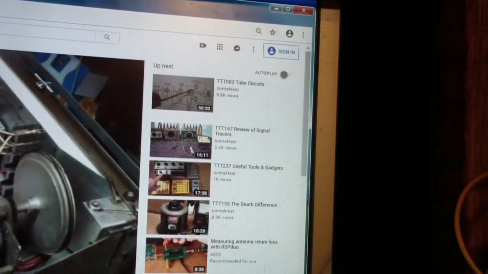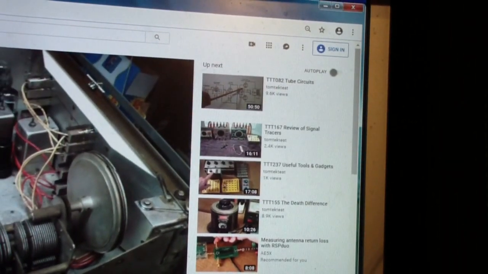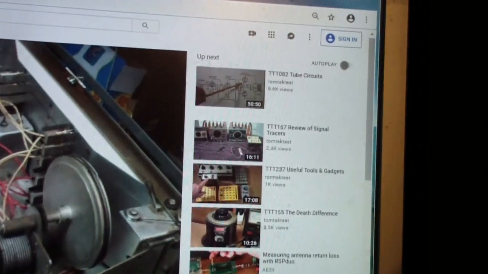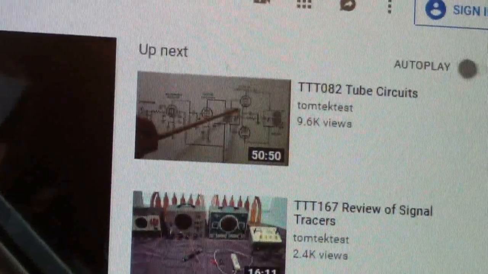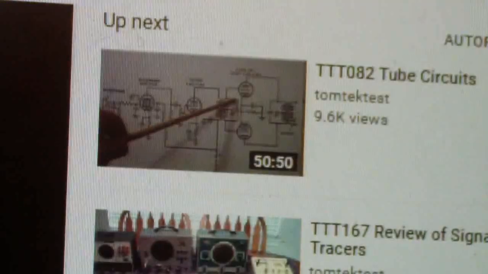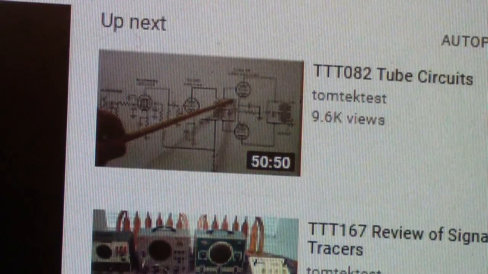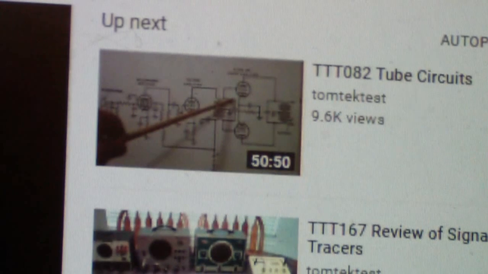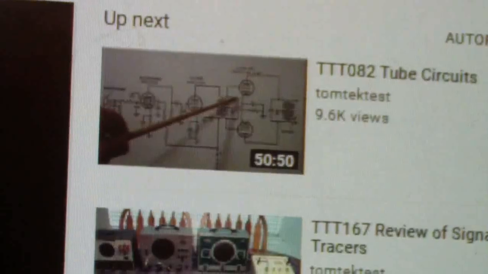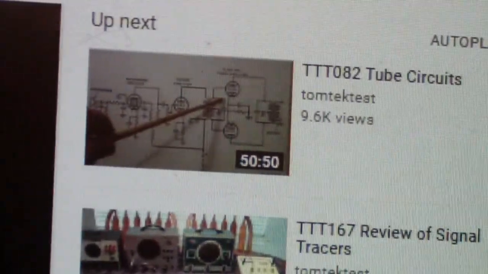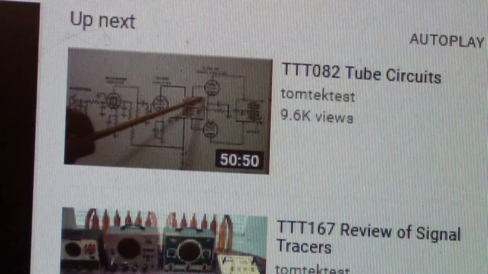Another one that you might want to look at somewhat the same time is this, my number 82, which is intended as a follow-on to 81, that's called Tube Circuits. And the idea there is, the first video talks about the actual operation of the tube.